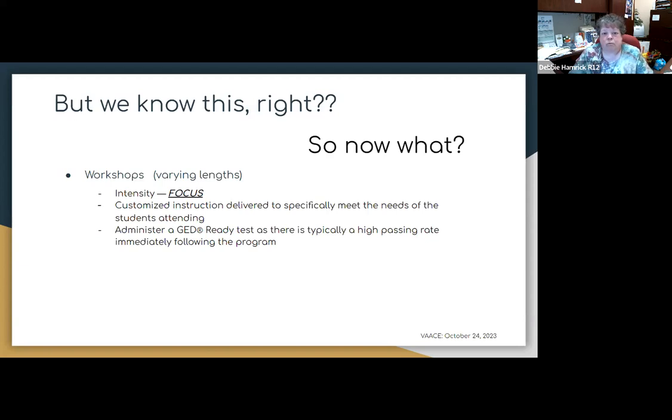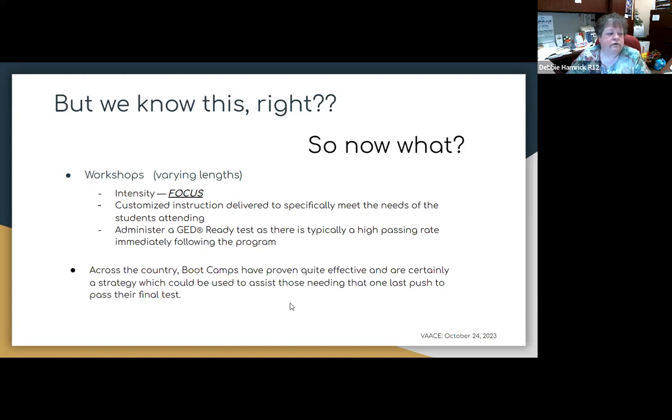So our workshop / boot camp is come in and we spend 2-3 class periods working specifically on the formulas, because a lot of times it's the formula page that my students at least have had an issue with. So the presentation said that boot camps have proven quite effective and are certainly a strategy that can be used.